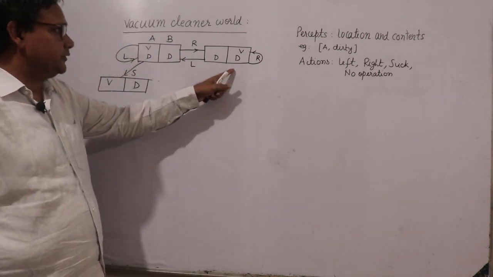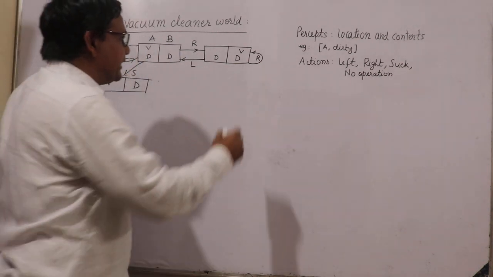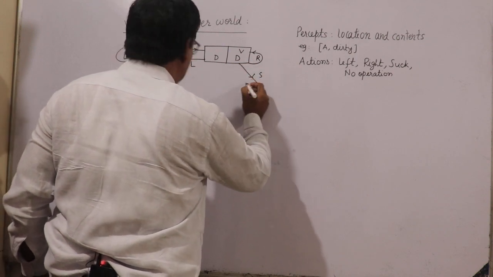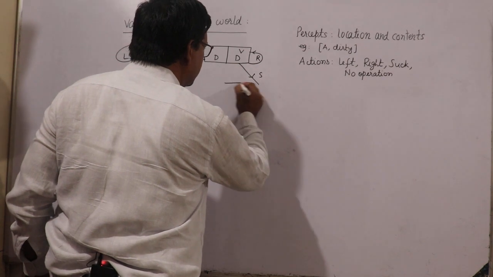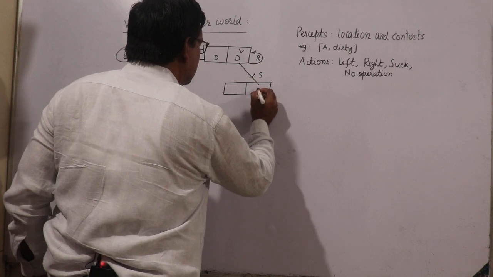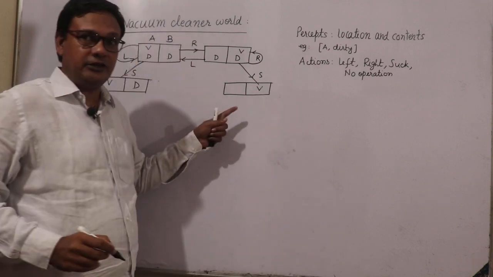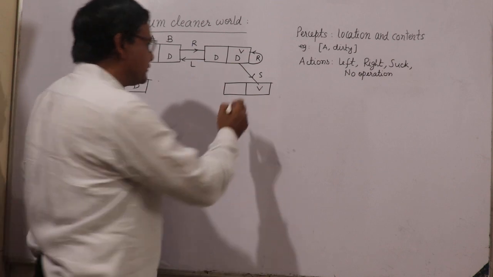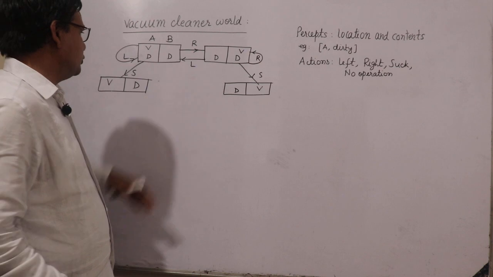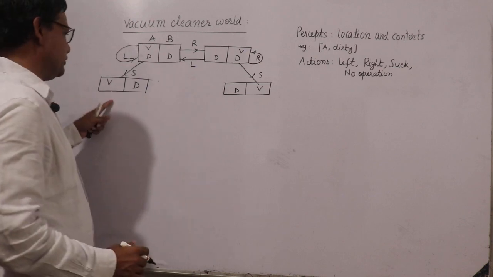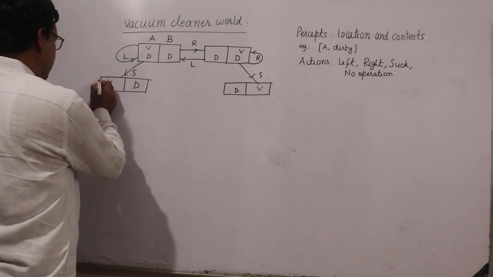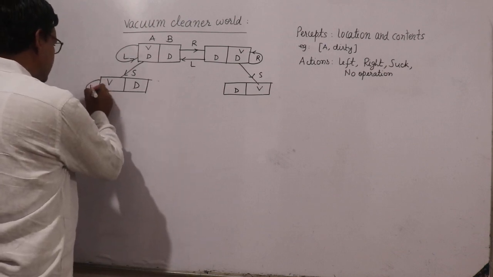If the vacuum cleaner sucks the dust, what will happen? The vacuum cleaner will be in room B and the dust will be in room A. If in this situation the vacuum cleaner moves in the left direction, it will remain in this room only.